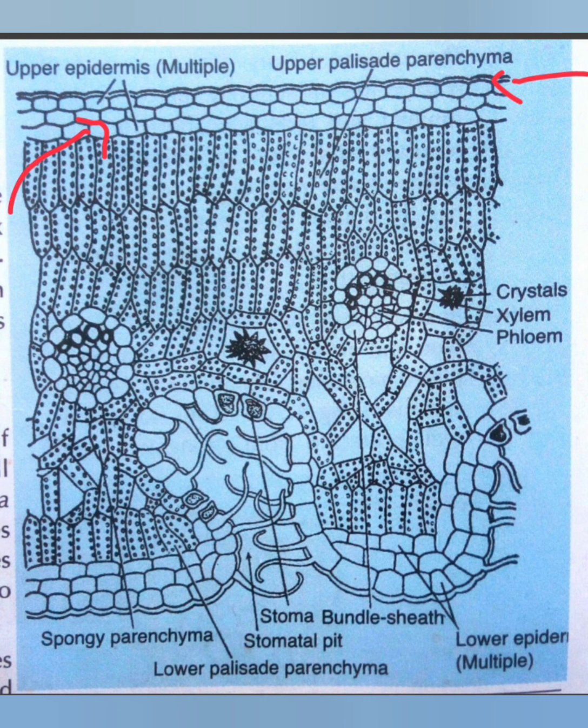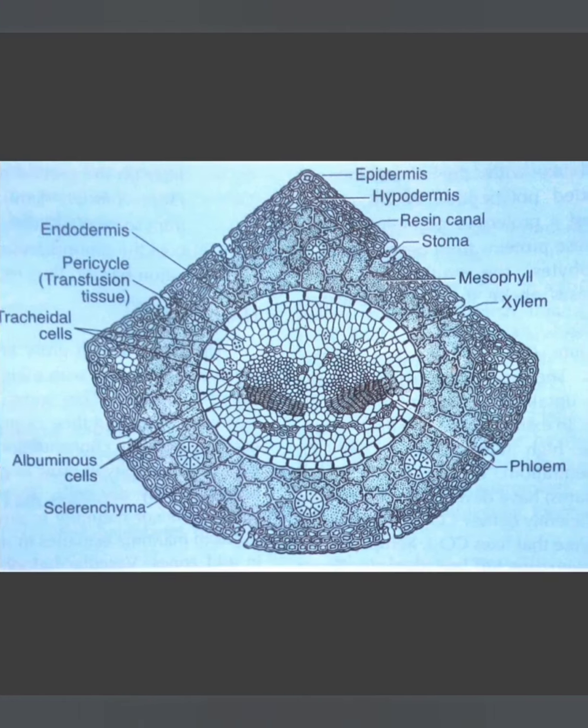Also, in the epidermal layer you will find epidermal hairs and the deposition of wax on the surface of the epidermal region. It may serve to reflect the sunlight and also to reduce evaporation. Now let me show you one more diagram here.